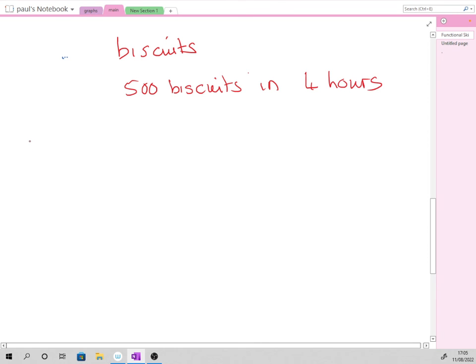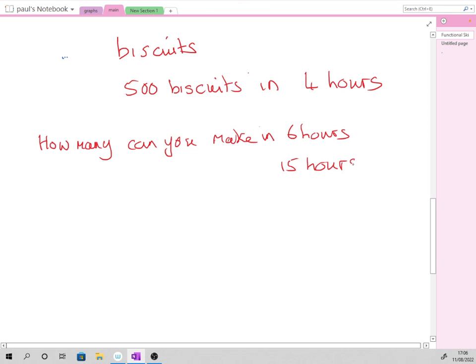Right, so how many can you make, bear with me on the scribbly writing, in, say, 6 hours, part A, and we'll do 15 hours, part B? Big long shift that is, yeah?